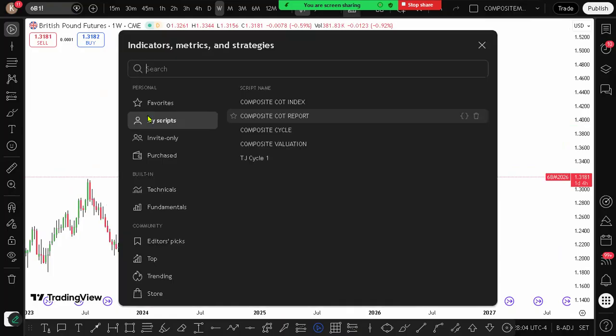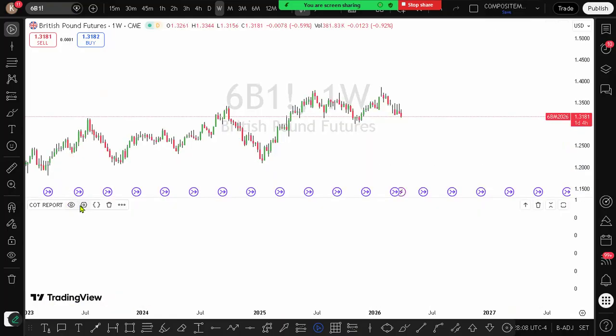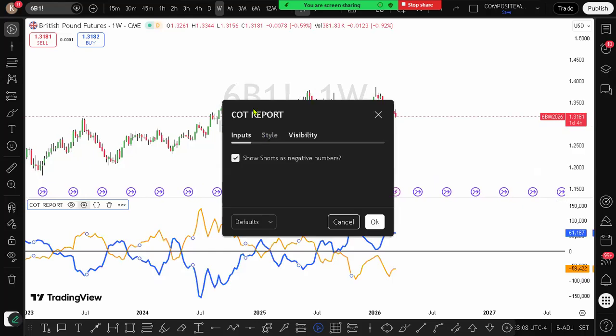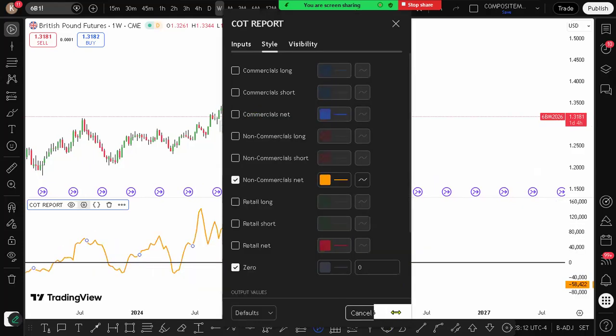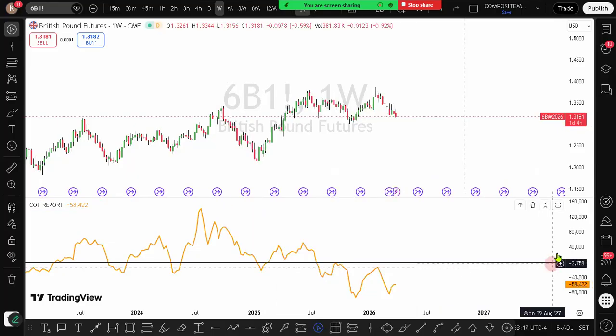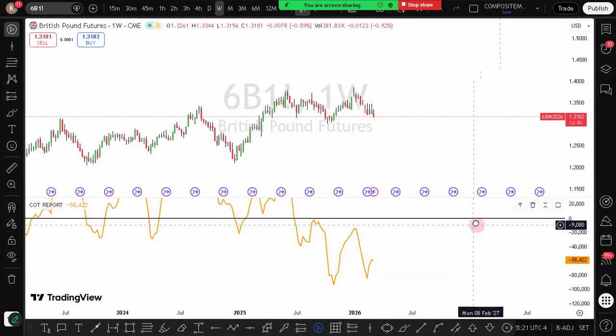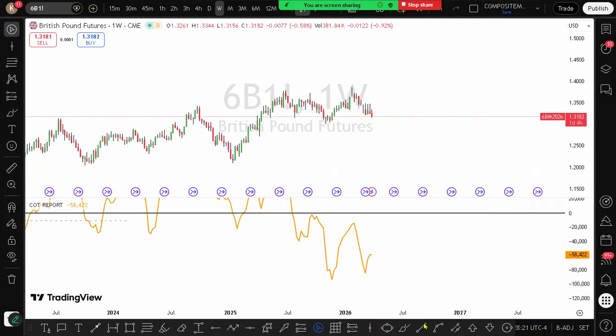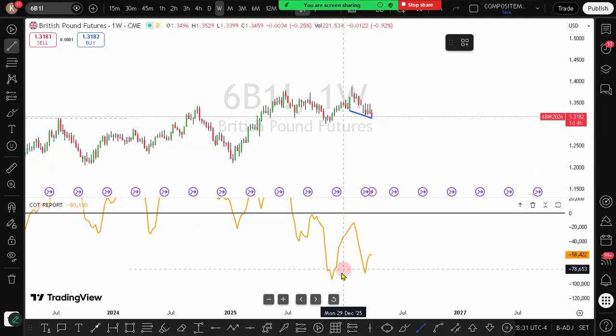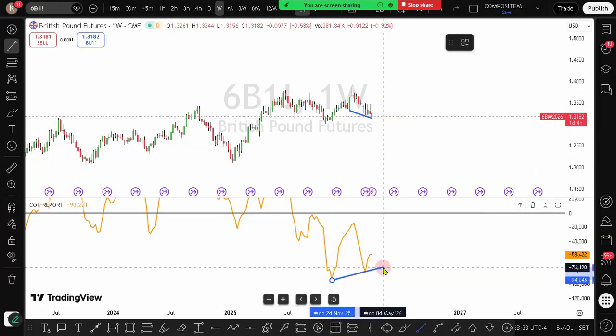Now let me give you what I call confirmation, which is not that good. But look at this, I have what you call a divergence. As price is pushing lower on the weekly time frame, I'm getting a bullish divergence here.